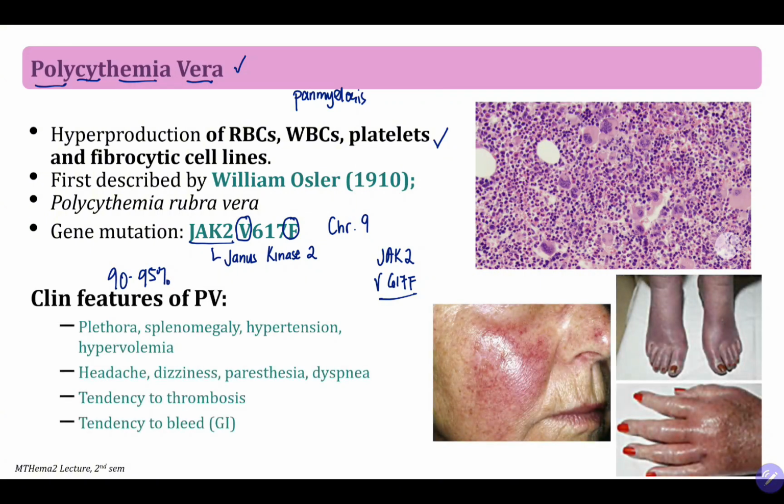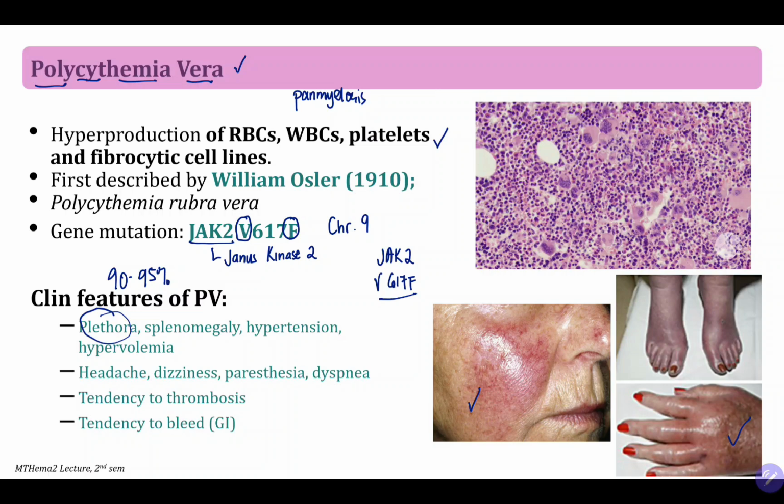Now, clinically, peripheral blood findings often show your plethora, which is a term that refers to the visible fullness or the redness of the skin due to the increased number of your circulating cells.